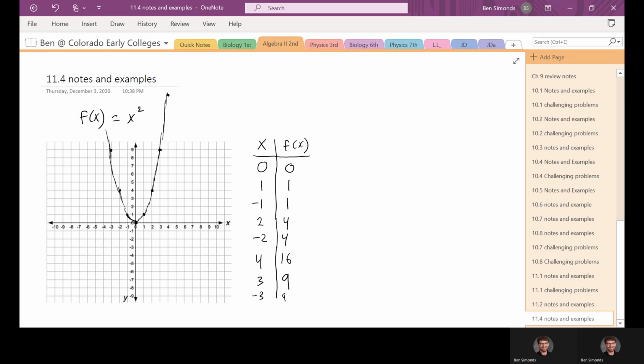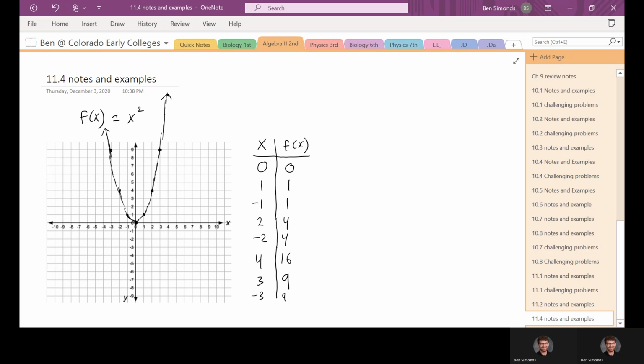So it starts off small, but it gets bigger quickly in both directions. So the negative side starts going up quite fast, and the positive side also starts going up quite quickly.